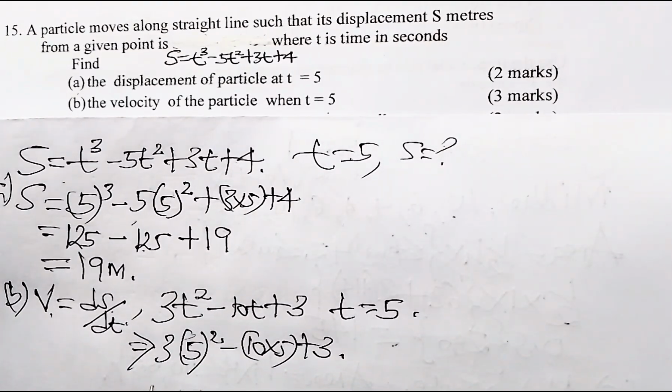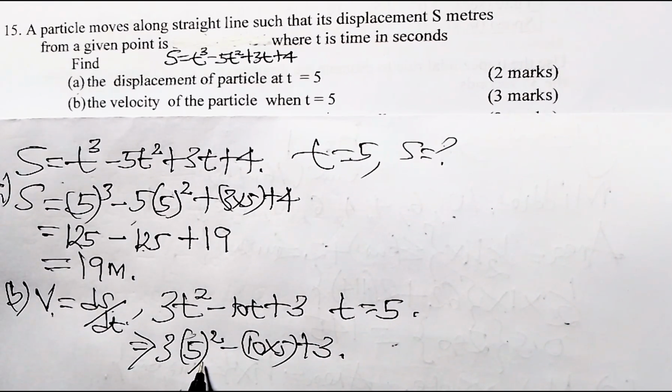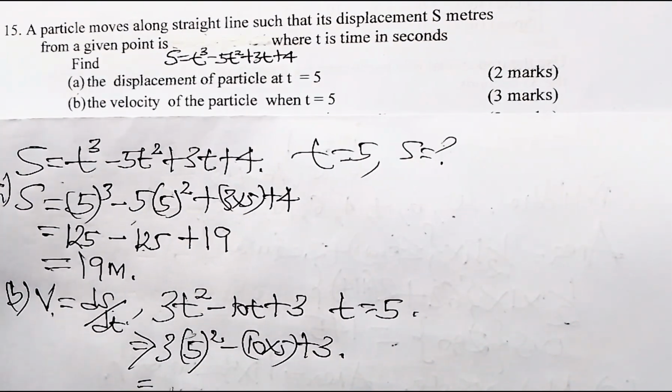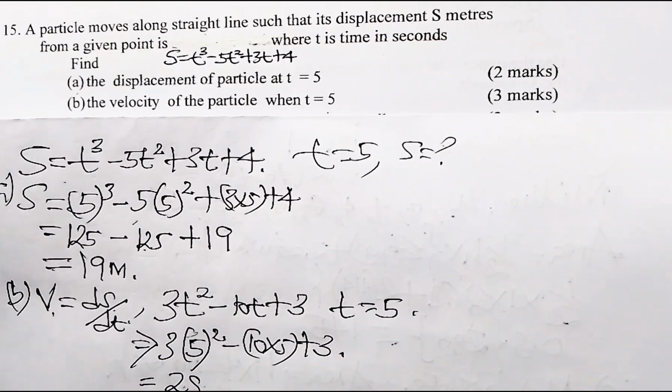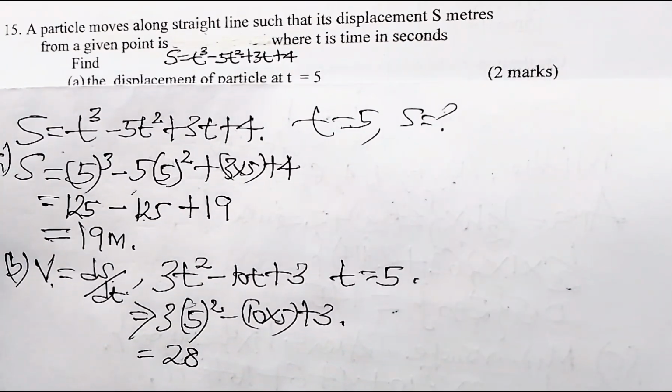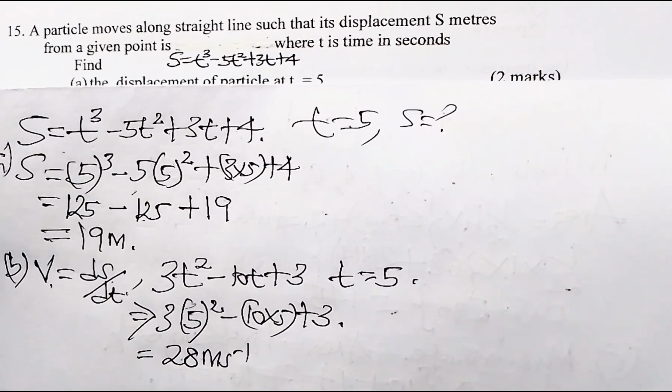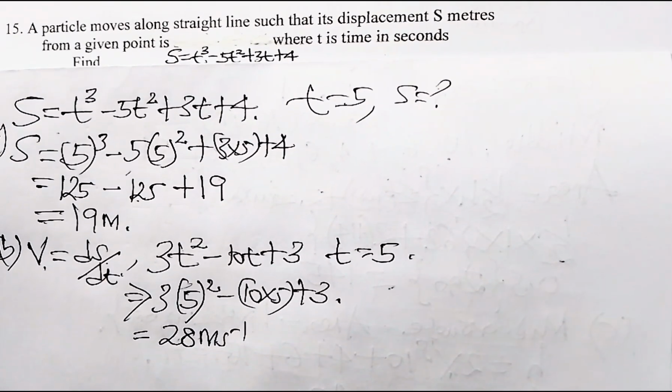So we get 3 times 25, that is 75, minus 50, that gives you 25 plus 3, which gives you 28 meters per second. So that is our velocity.